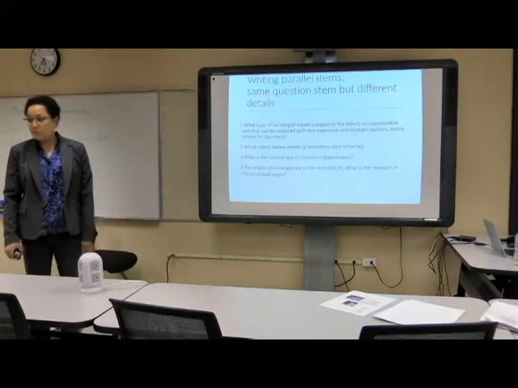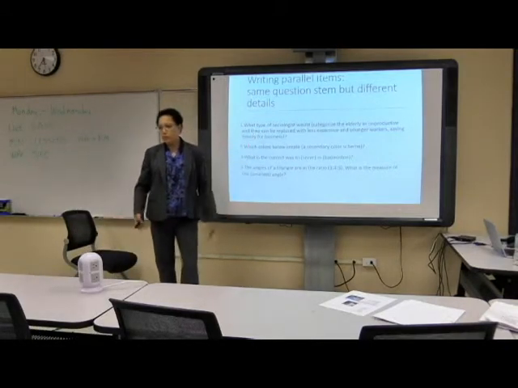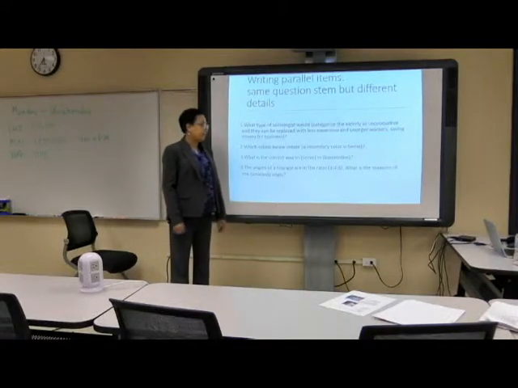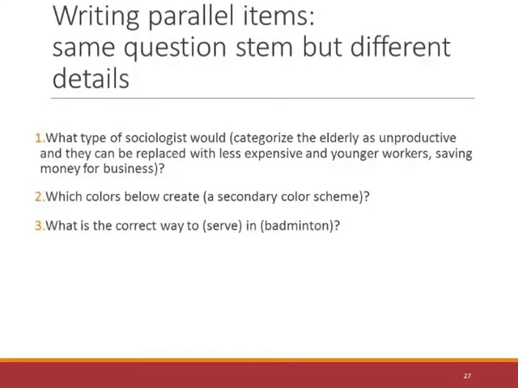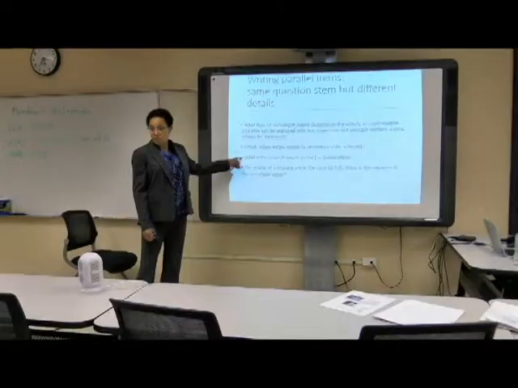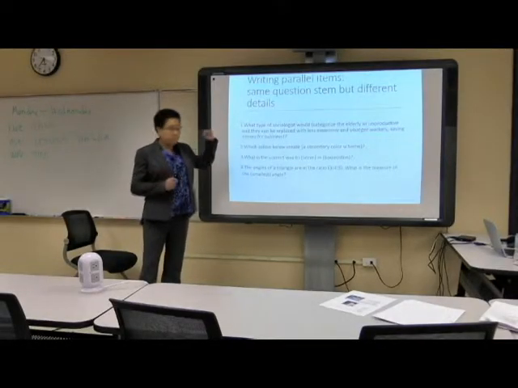Serve in badminton. Dive in a 5-foot pool. The answer is don't, but that's another story. Do a free throw in basketball. First of all, this is probably not a question that addresses a standard, but it is an example of a way that you could make a parallel question.